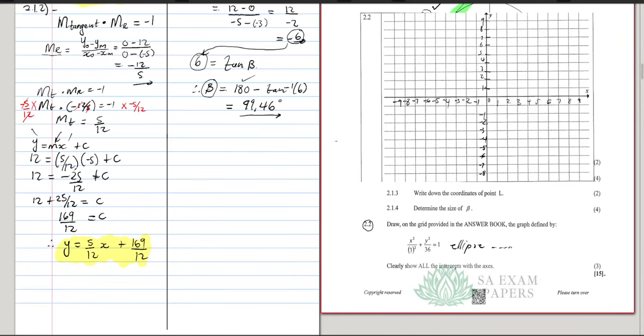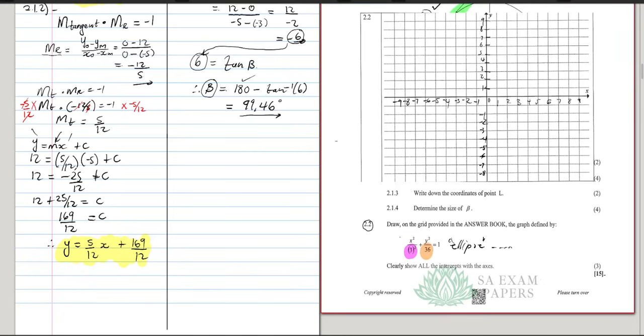So how do you plot an ellipse? I don't know how you were taught in class, but the best way to plot an ellipse is to take the square roots. Let's use purple. Take the square root of this value and the square root of this value as well.